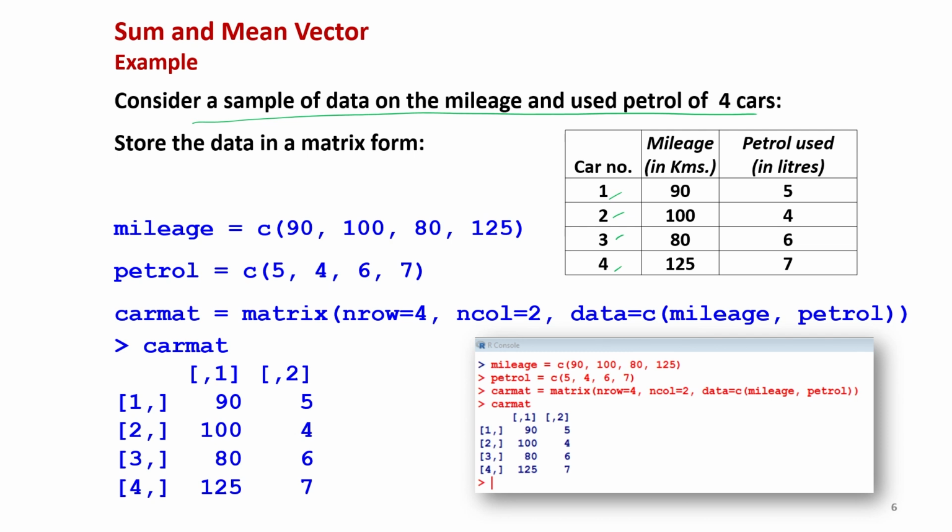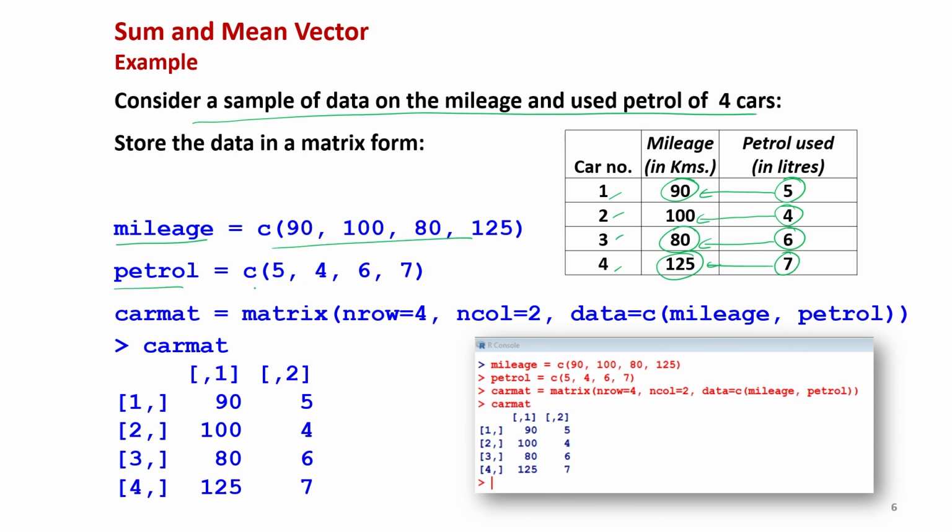That is, how much petrol in liters they have used and how many kilometers they have run. Car number 1 has used 5 liters of petrol and covered 90 kilometers. Car number 2 used 4 liters of petrol and covered 100 kilometers. Car number 3 used 6 liters of petrol and covered 80 kilometers, and car number 4 used 7 liters and covered 125 kilometers.